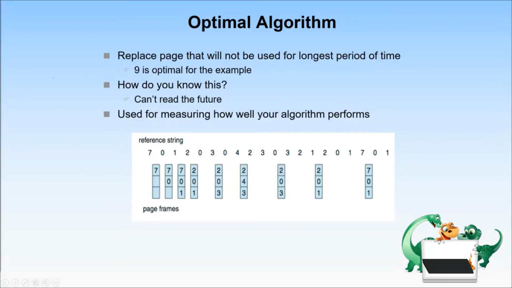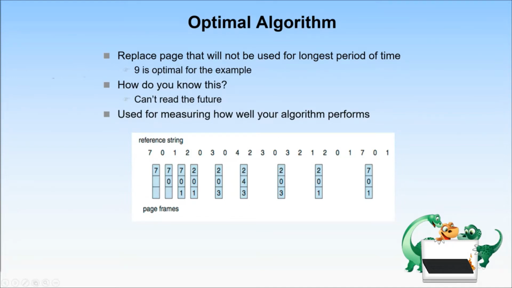So how do you know this? Can you read the future? You have to refer to the future pages that will come. After plotting 1, you've got 7 0 1 here. We need to choose the victim to plot 2, and in that case the victim is 7. Why 7?